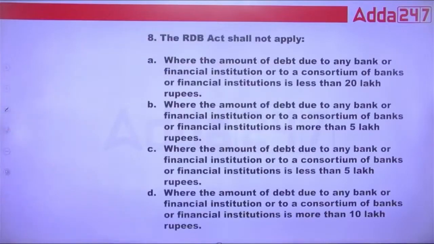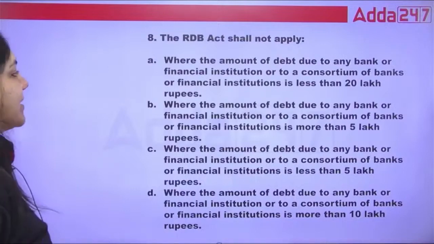Okay. The RDB Act shall not apply where the amount of debt due to the bank and financial institution is less than 20 lakh, more than 5 lakh, less than 5 lakh, or more than 10 lakh. What is the right answer? Shall not apply.